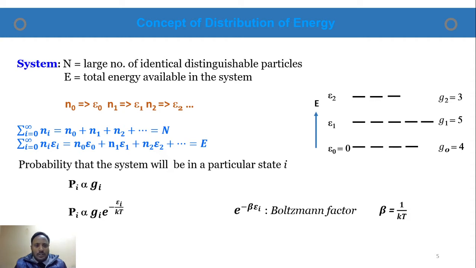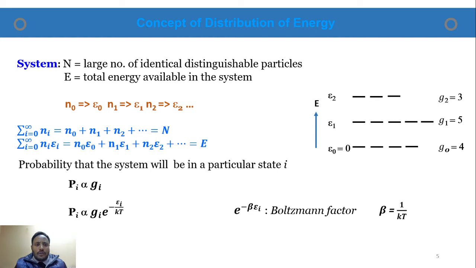Suppose the number of particles is capital N. And suppose also that the total energy of all the N particles is equal to capital E. Now, the total energy E has to be distributed among all the N particles.